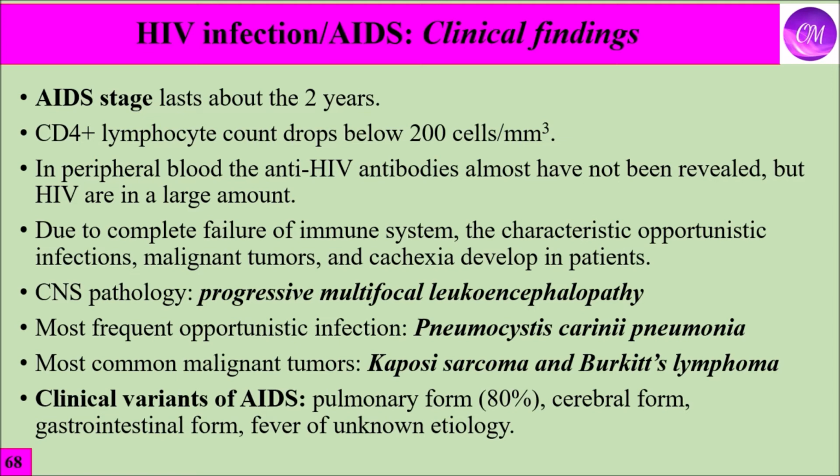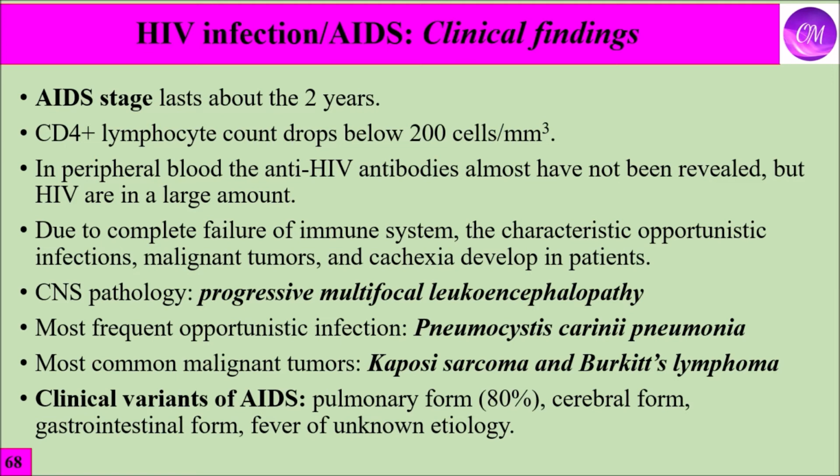In peripheral blood, the anti-HIV antibodies almost have not been revealed, but HIV is in a large amount. Due to complete failure of the immune system, the characteristic opportunistic infections, malignant tumors, and cachexia develop in patients, and from the central nervous system develops a progressive multifocal leukoencephalopathy.